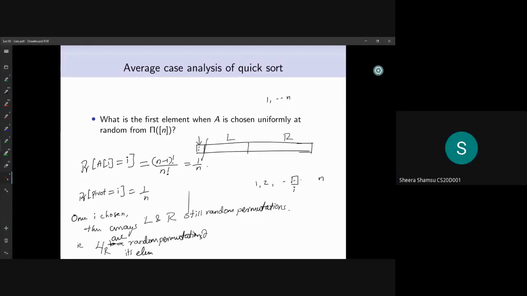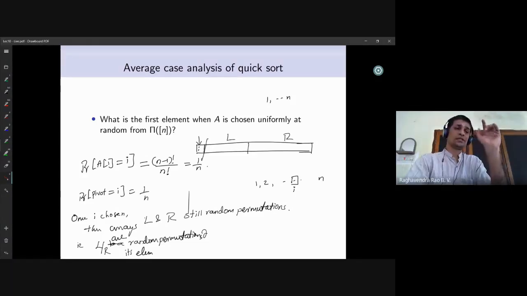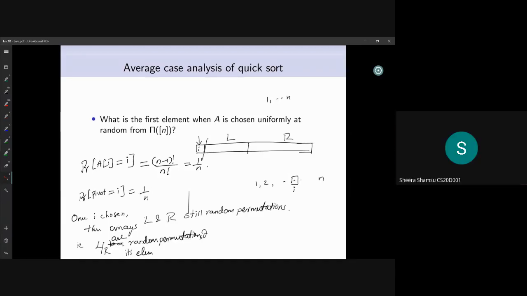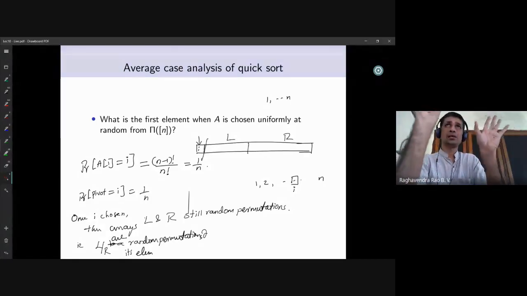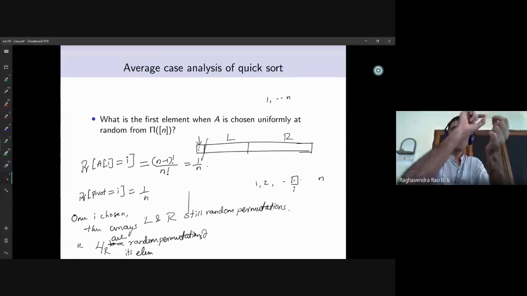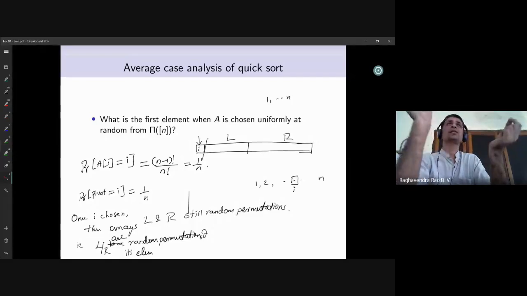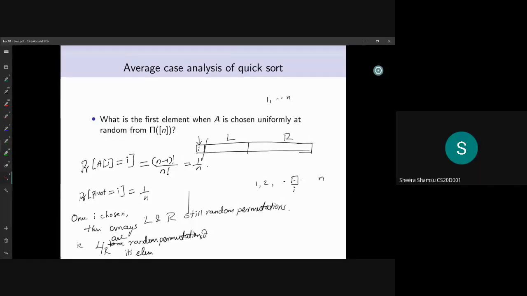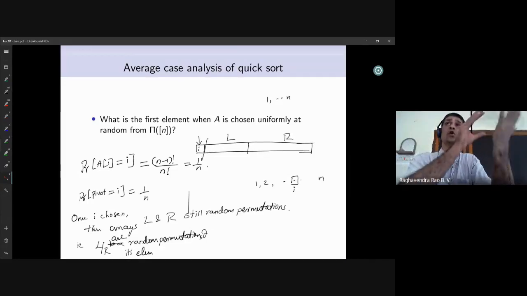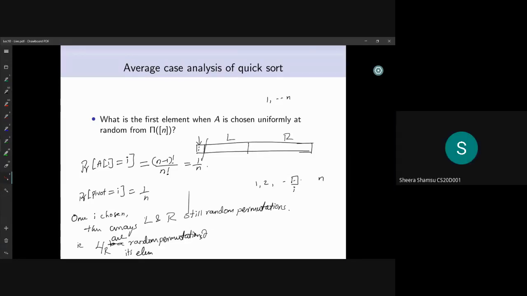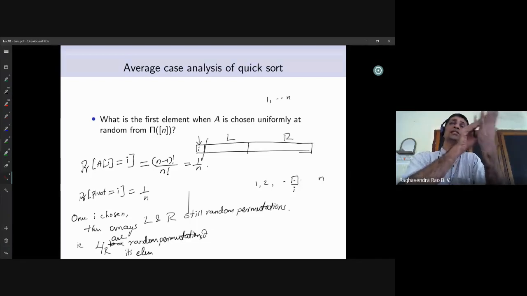No, I'm not shuffling them. That's the difference. The only observation I made was the first element. So I'm just not moving elements in L around. I'm just marking them as elements which are less than the pivot. Given the effect of the original shuffling, these elements in L still look random.